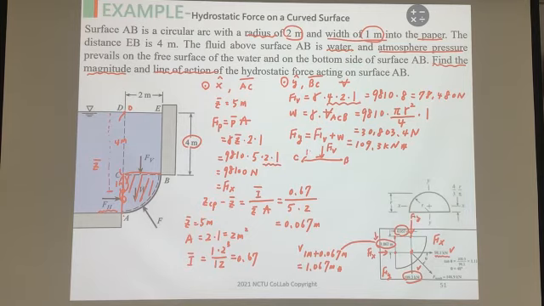This distance should be the 1 meter, right? Because along CB direction, this is the symmetry panels, so the centroid point is at the centers. So we know the distance compared to C point is 1 meters. And we have the weight along these directions. So how about the distance between the weight force and the point C?